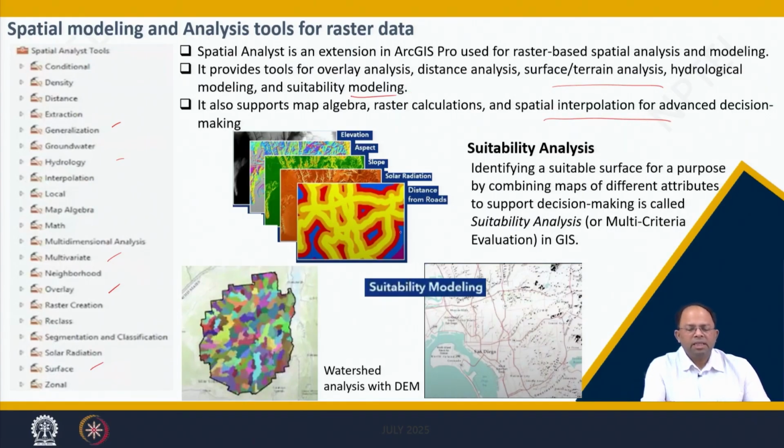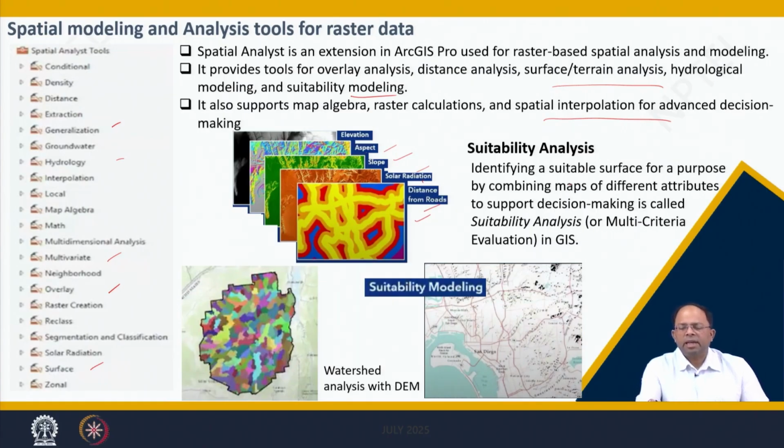So over here you can see that we are using several layers: distance from road, solar radiation, slope, aspect, elevation, and we are trying to see which are the areas which will satisfy, or not, based on the criteria that we set. We can extract certain areas which will satisfy all the different criteria that we have set for each of these layers. So we can do a lot of suitability analysis over here.